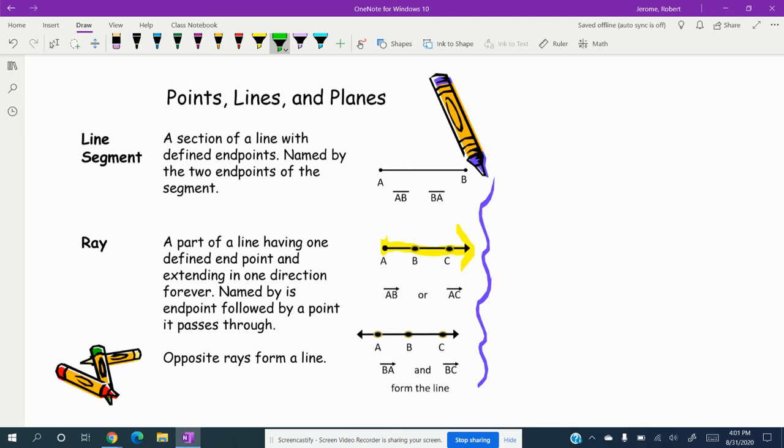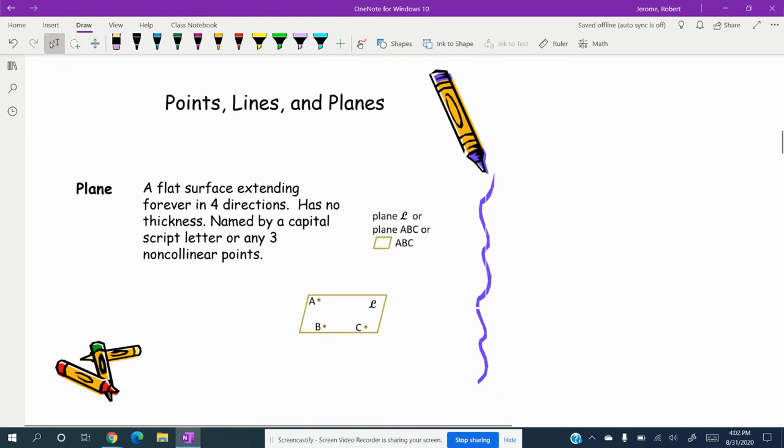Just means that they both start at the same point and go on forever in opposite directions. So here we start at B and we go through C forever, but we also started at B and went through A forever. So we have opposite rays, and they have to form a line.